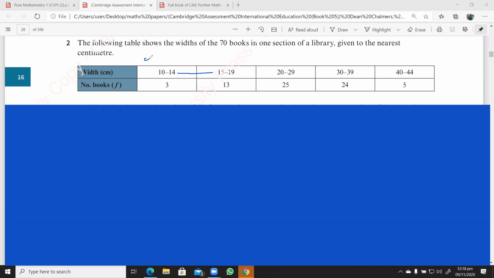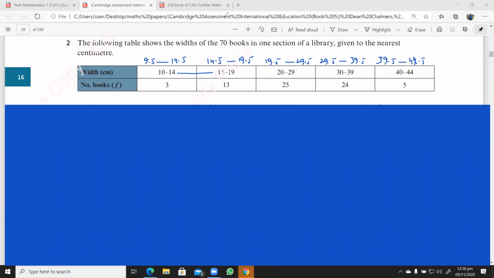So this is going to be 9.5 to 14.5, 14.5 to 19.5, 19.5 to 29.5, 29.5 to 39.5, and then 39.5 to 44.5. So these are the class boundaries.